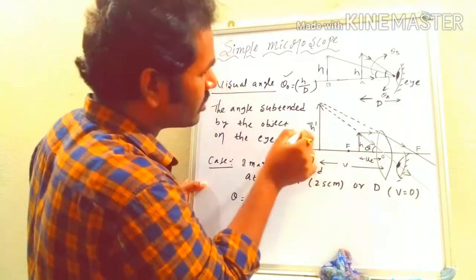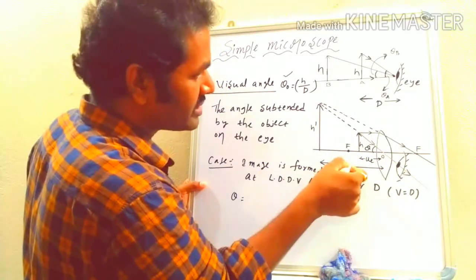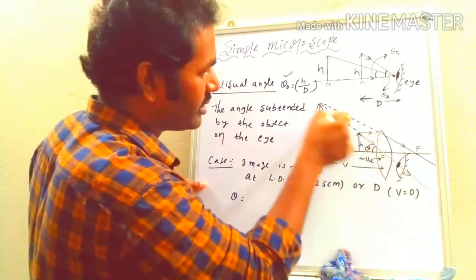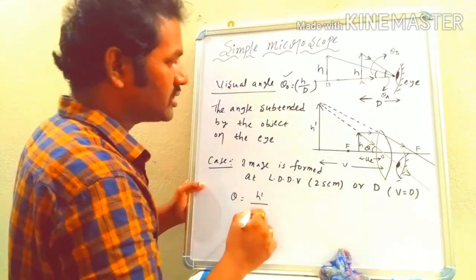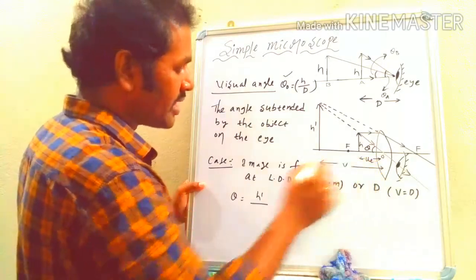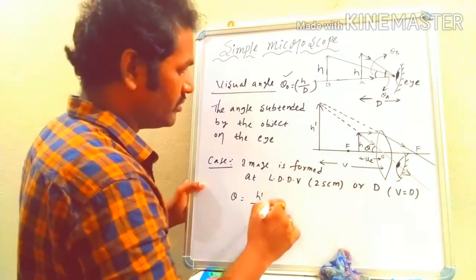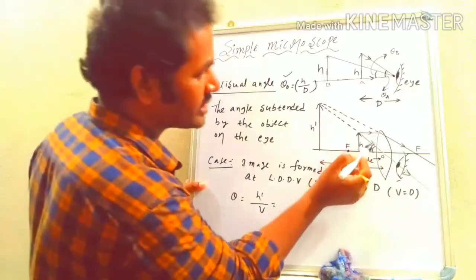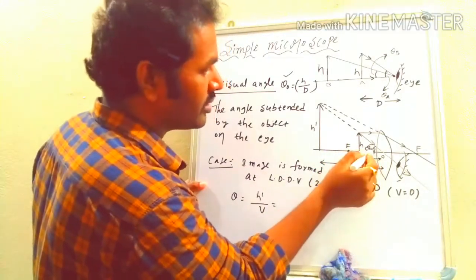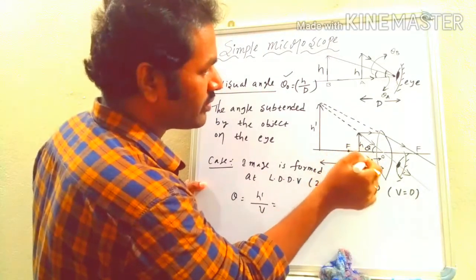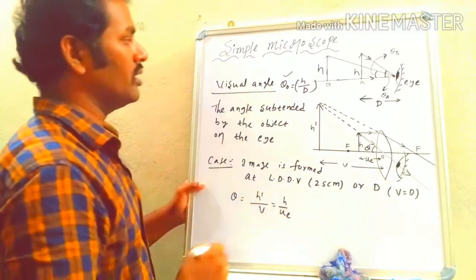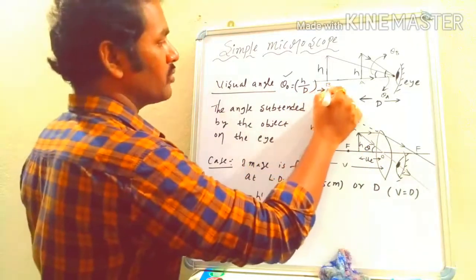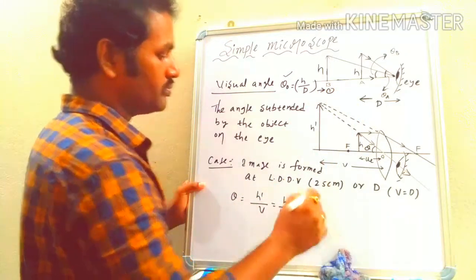Tan theta is equal to the opposite side divided by the adjacent side. If you take the bigger right-angle triangle, theta is equal to h dash divided by V, which is equation 1. Or else, from the smaller triangle, tan theta is equal to h divided by UE, which is equation 2.